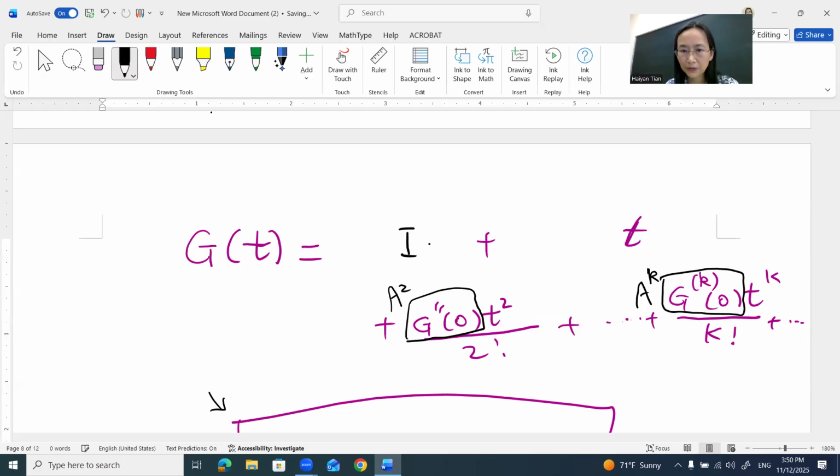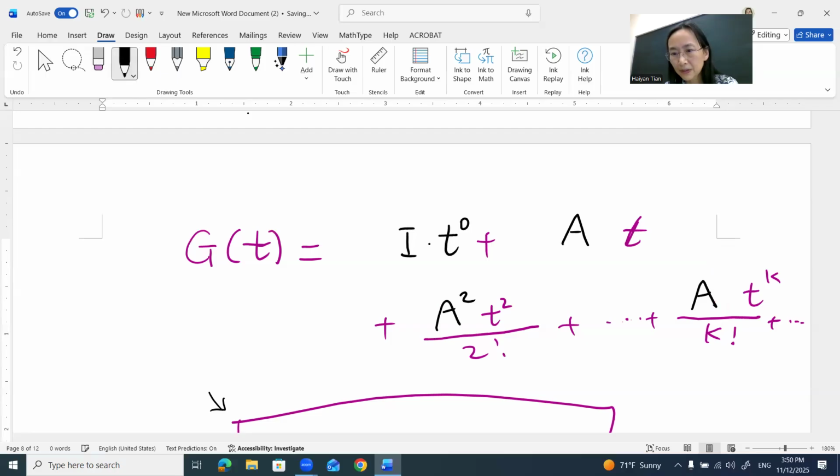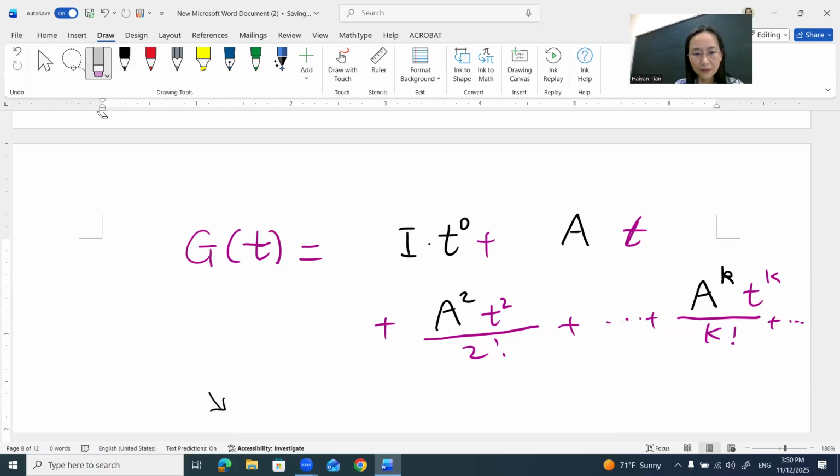If you want to keep the form, it's t to the 0 power, so it's okay to put that. This is A, and then this is A squared, and then continue. This one will be A to the K, we put A to the K here. That's the K-th term, that's the series form. Now we can write the fundamental matrix in sigma notation.